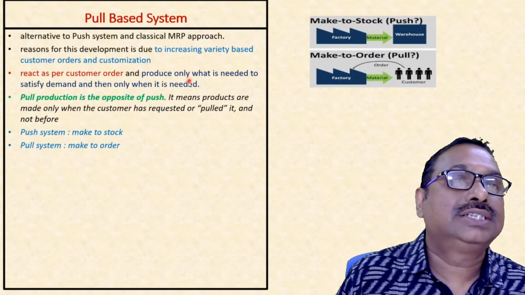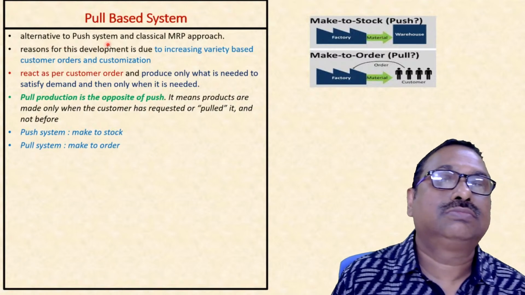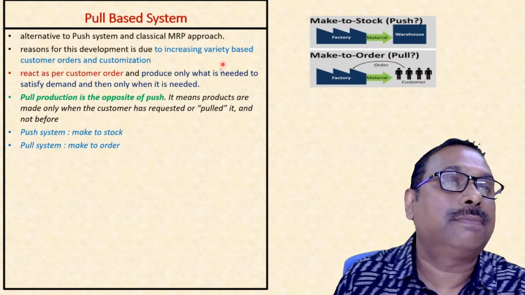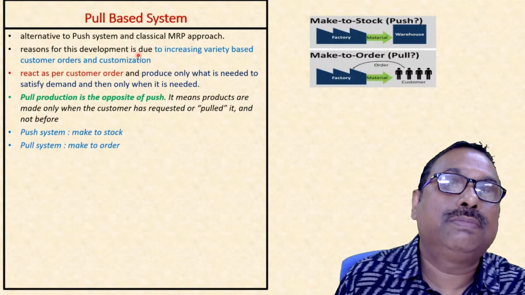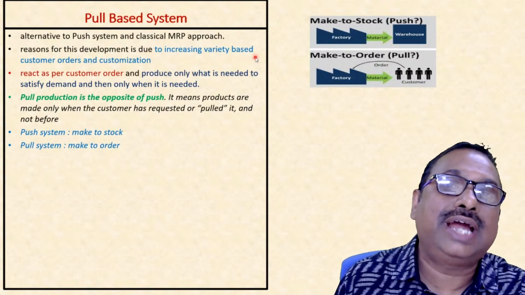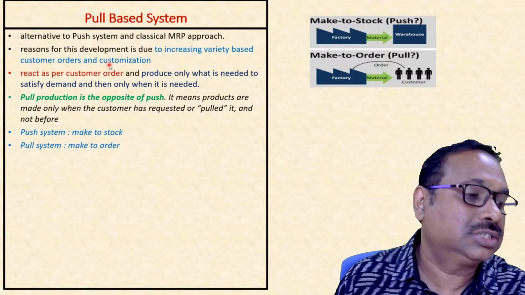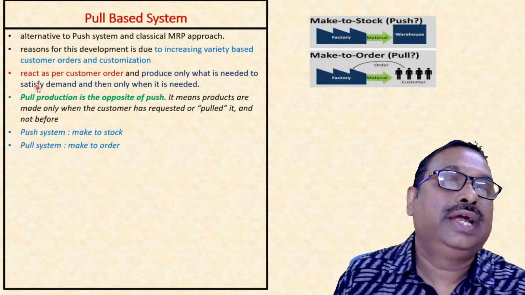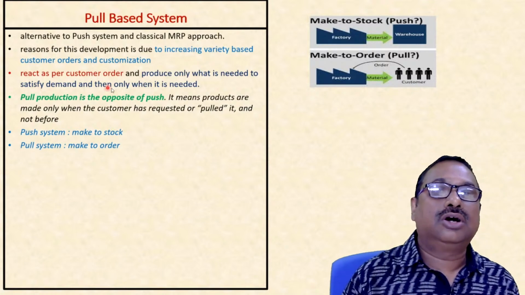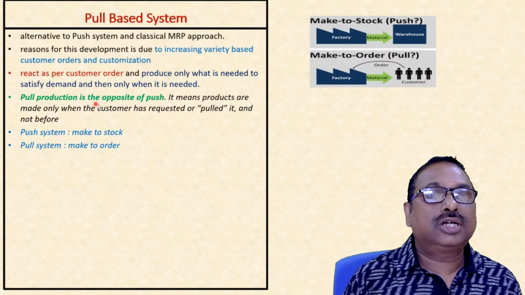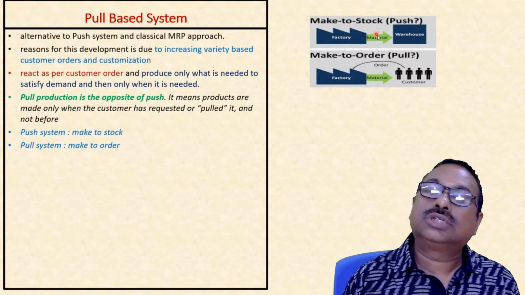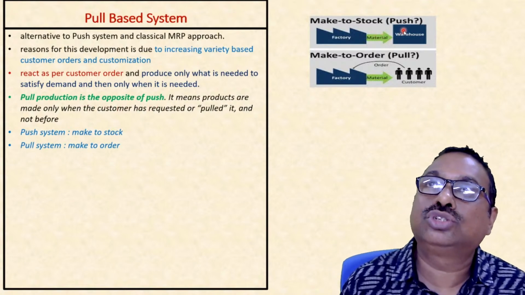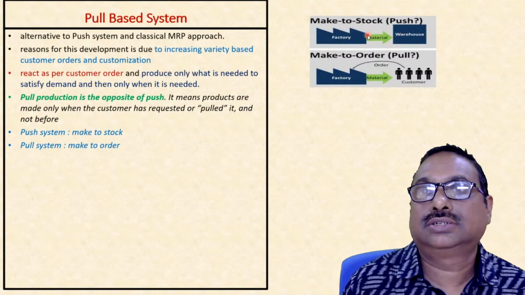So then the pull based system is an alternative to the push based system and the classical MRP approach. The reason for this development is increasing varieties based on customer orders and customization. It reacts as per the customer order. So pull production is opposite to push, because we have already seen that push means forecast oriented.